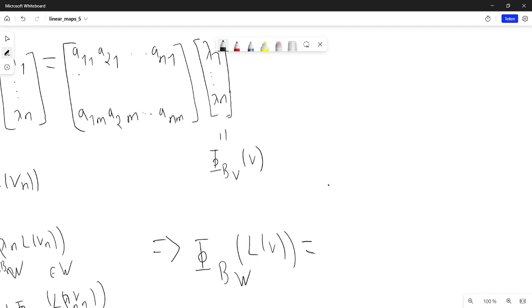And the computation happens by way of matrix multiplication on the coordinates, right?